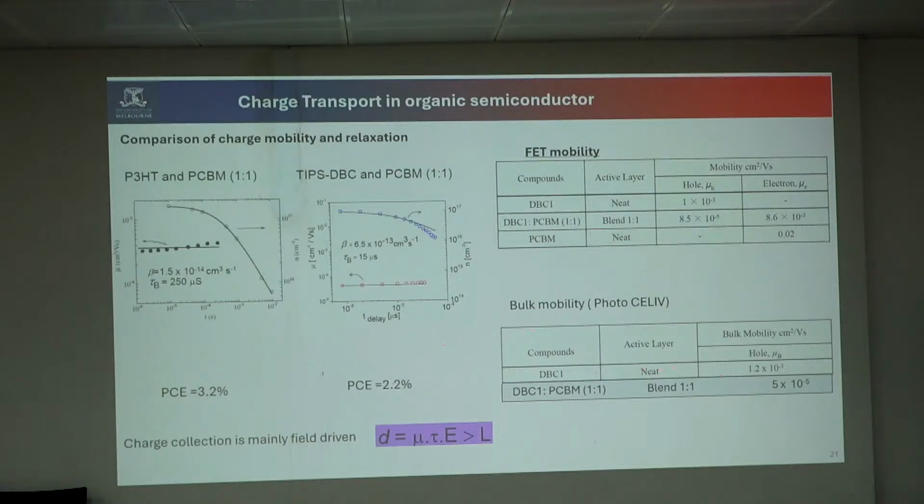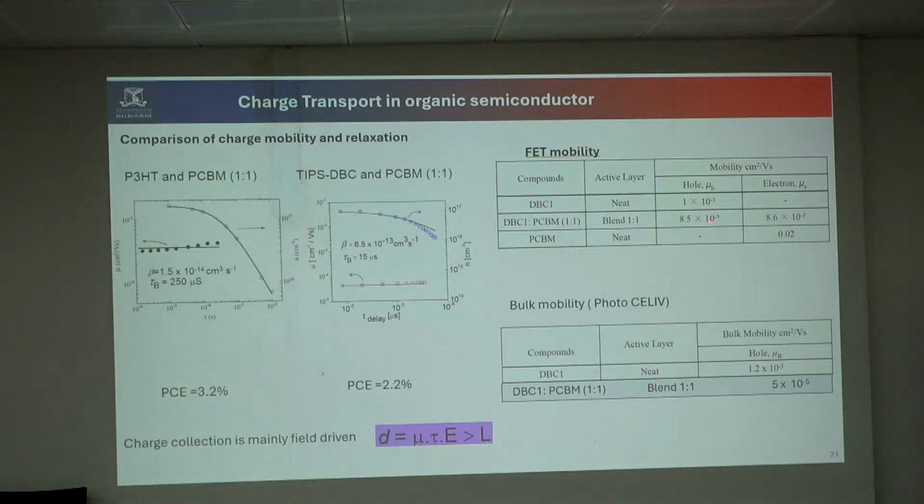Suppose one has higher mobility and the other lower. If the donor has higher mobility, after charge separation the holes will go fast, but to get the electron out, the electron should come out equally. Otherwise, you can't extract the charges efficiently. So you need balanced mobility, with hole mobility almost equal to electron mobility, so that both charges are extracted equally and you get current. If one charge comes and the electron does not, then charge cannot be extracted.